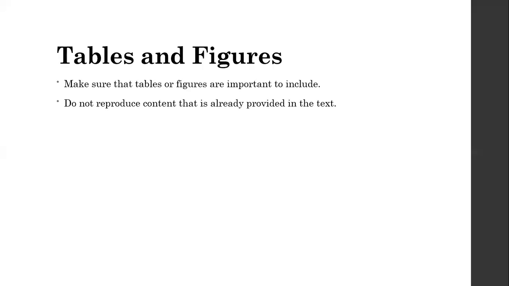For the tables and figures, when you put a table or figure, you have to be very selective, because you have to choose the most important tables and figures that include the important findings and results. So do not reproduce content that is already provided in the text.